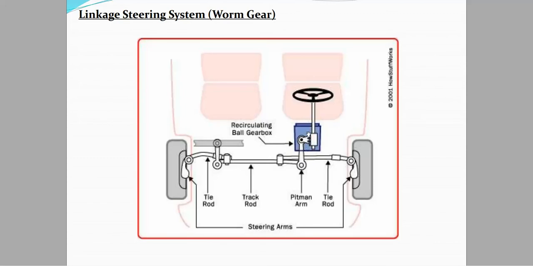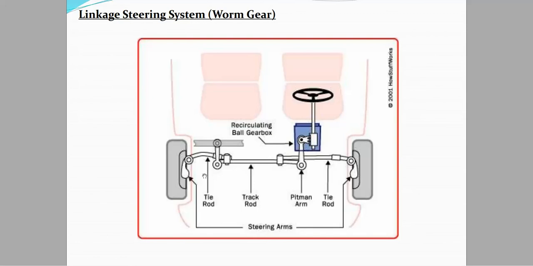Below the steering wheel, we have a recirculating ball gearbox. The gearbox is connected to the pitman arm that transfers the motion to the other rod, that is the track rod, and that will deflect or turn the tie rods, and the tie rods are connected to the tires and will transfer the motion or the direction to the wheels.